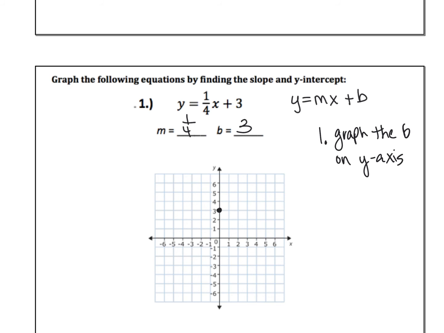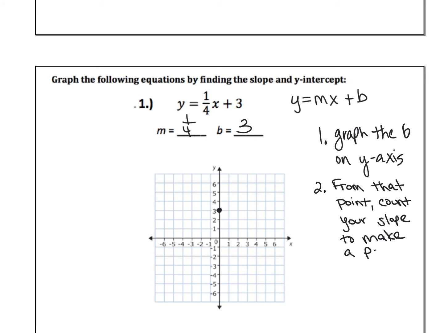I begin by graphing the b on the y-axis. All right, so now from that point, count your slope to make another point. And then number 3 will be to repeat.